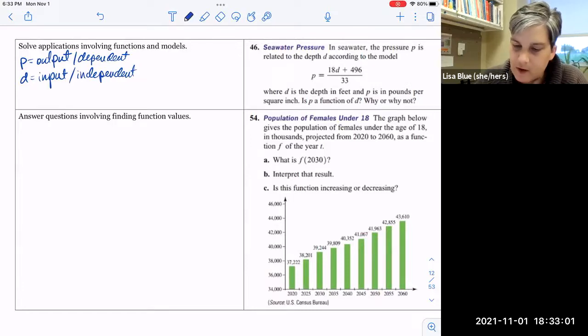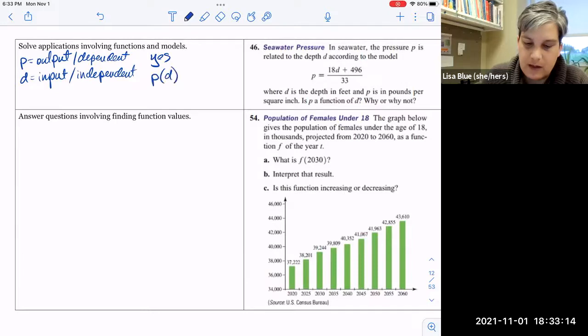Is P a function of D? I would have to say yes, this is a function. P is a function of D. And we can say that because for every unique depth, we're going to get one pressure reading.